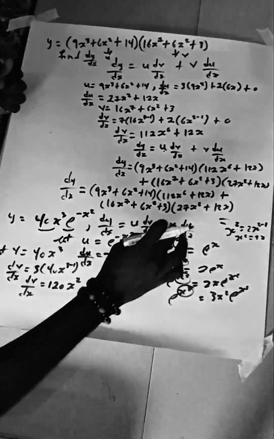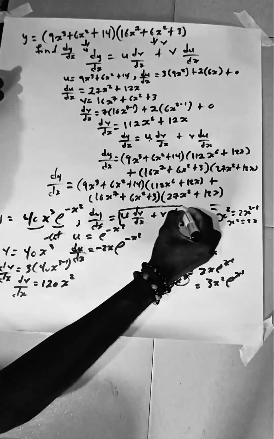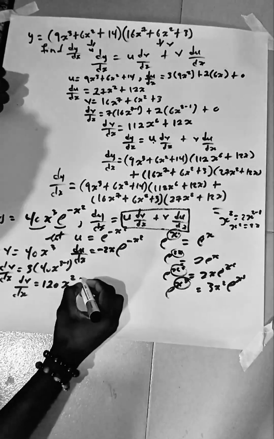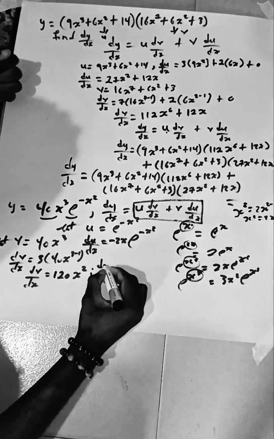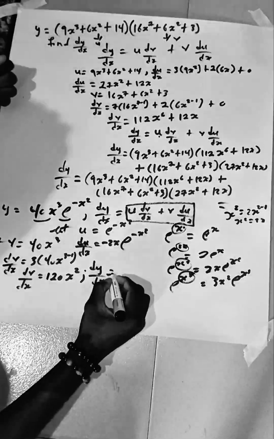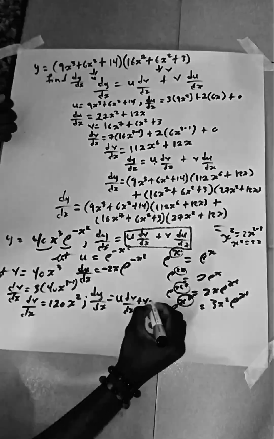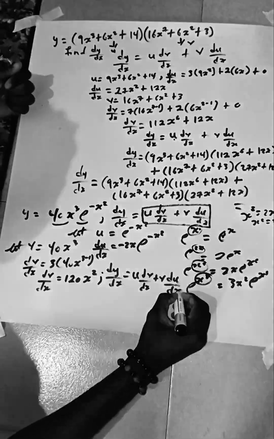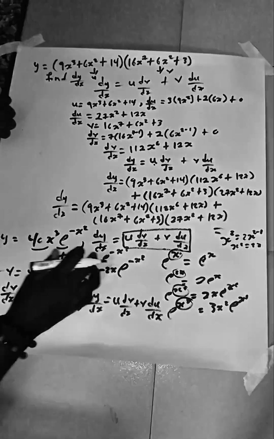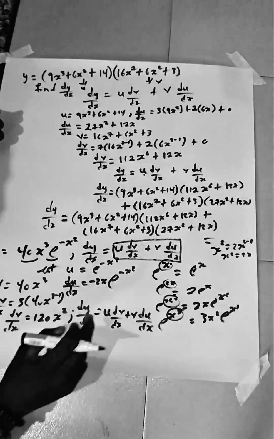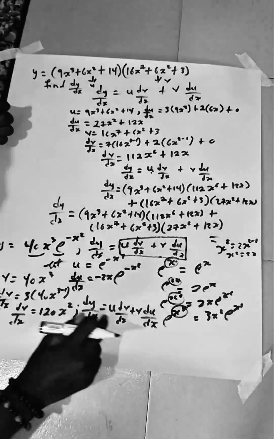So let's plug that into this formula right here. Remember we said dy by dx is equal to u dv by dx plus v du by dx. So let's plug in our values. We have our u, we have our dv by dx, we have our v, and we have our du by dx.